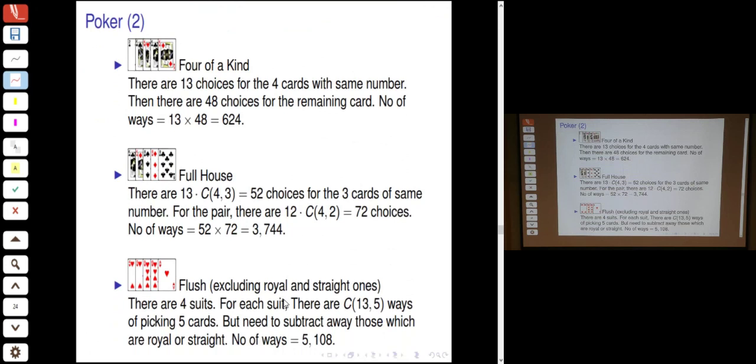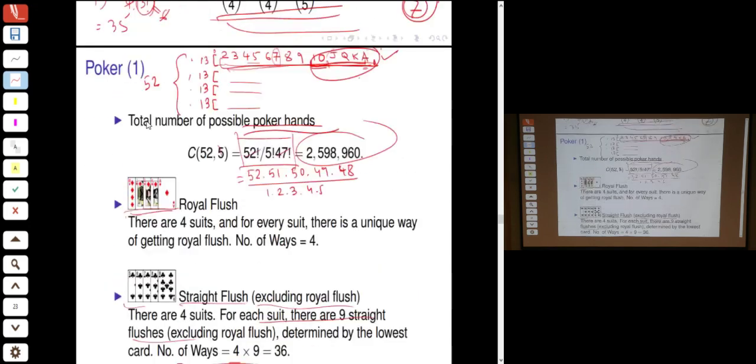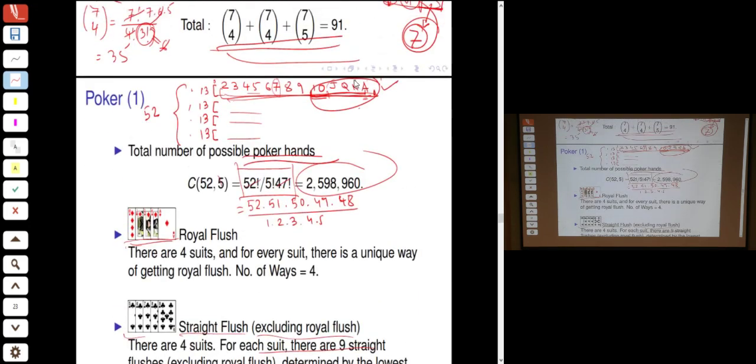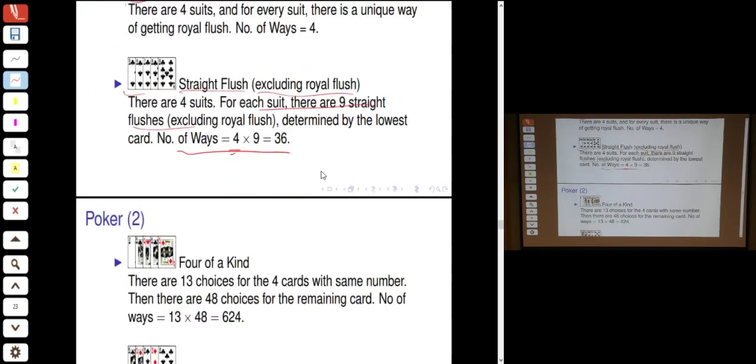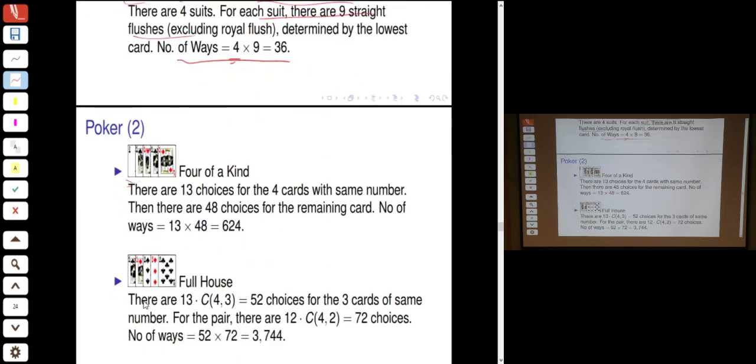So, 4 of a kind. So, what is 4 of a kind? So, 4 of the cards will have the same number. So, 4 of the cards, let us say, will be kings, and the 5th card will be something else. So, how many ways of doing that are there?